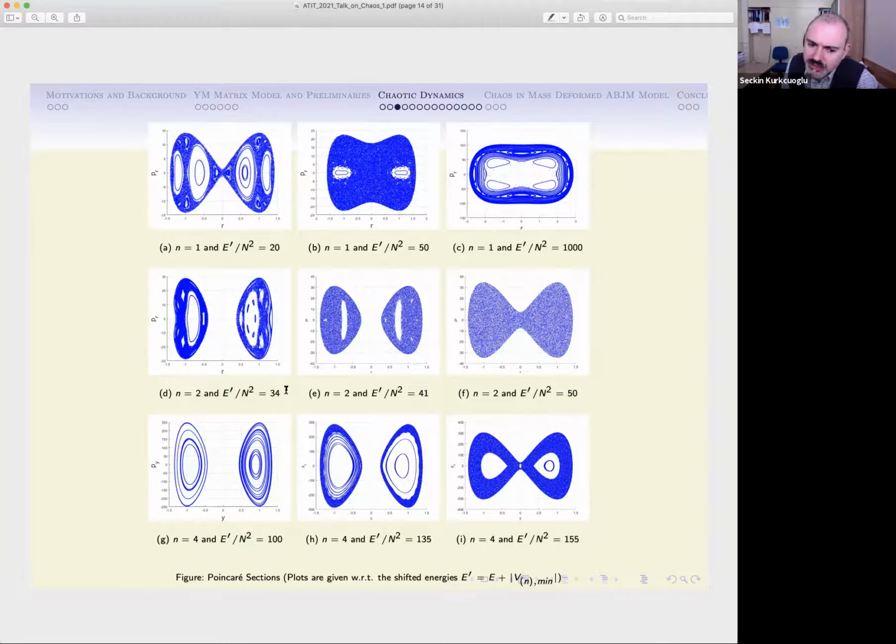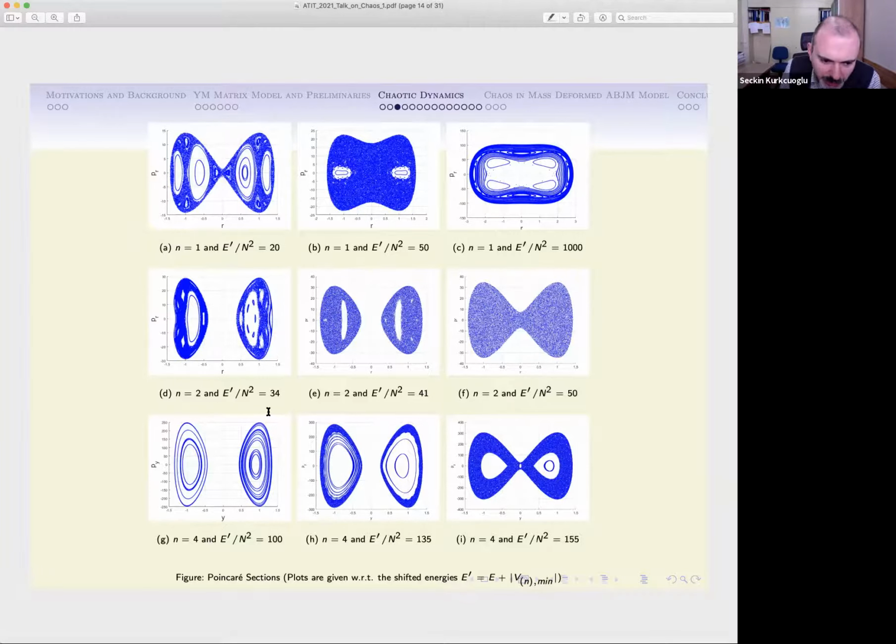What we learn from these Poincare sections is that, for example, for n equals to 2, the critical energies are given in the case of Poincare sections by lifting the energies.